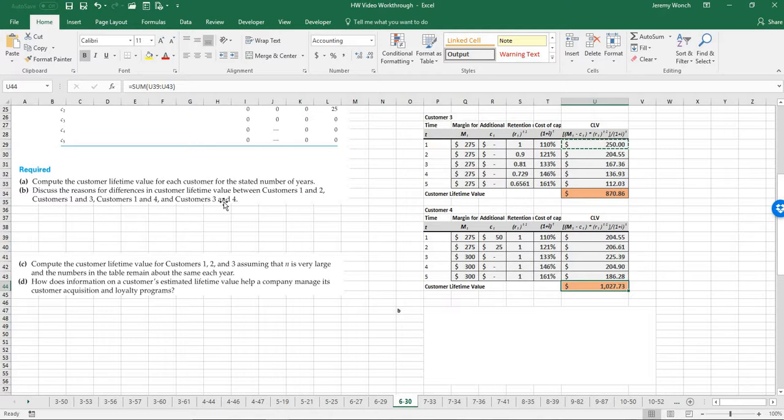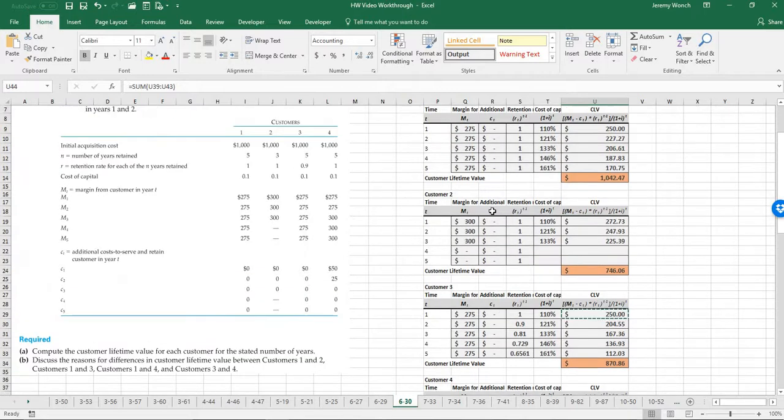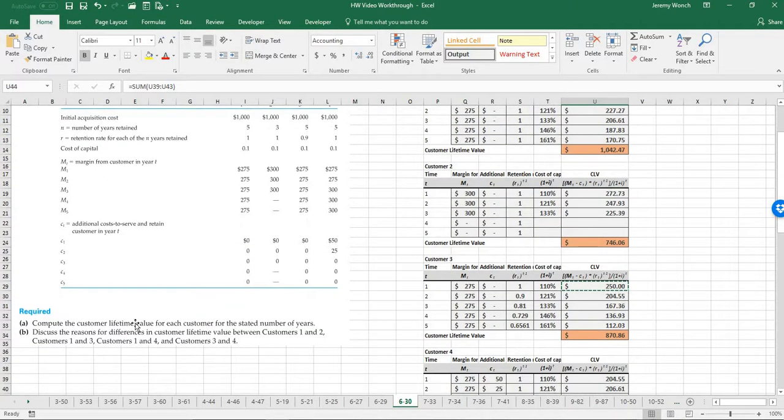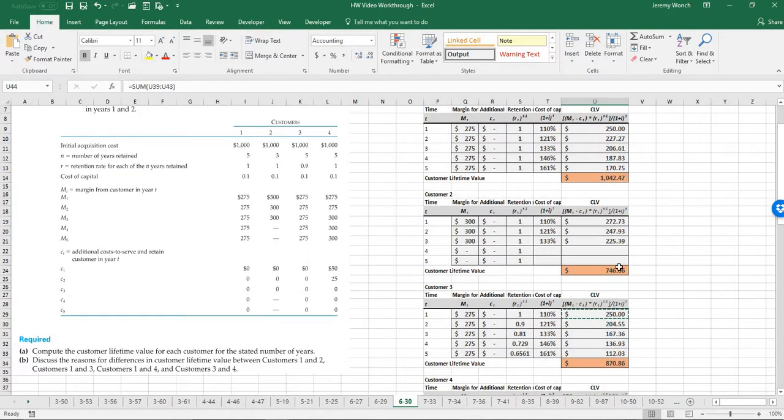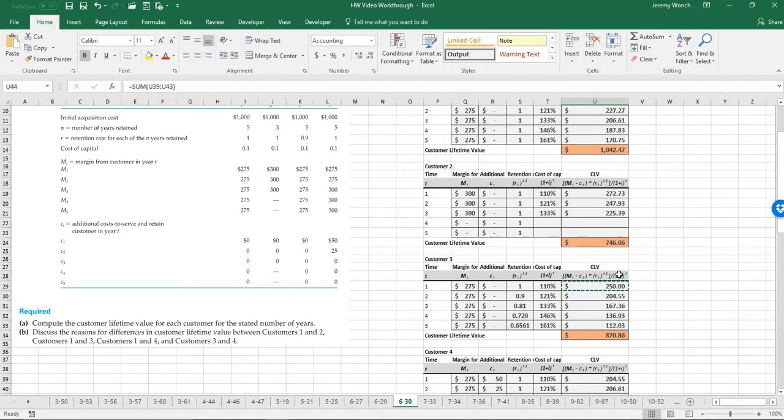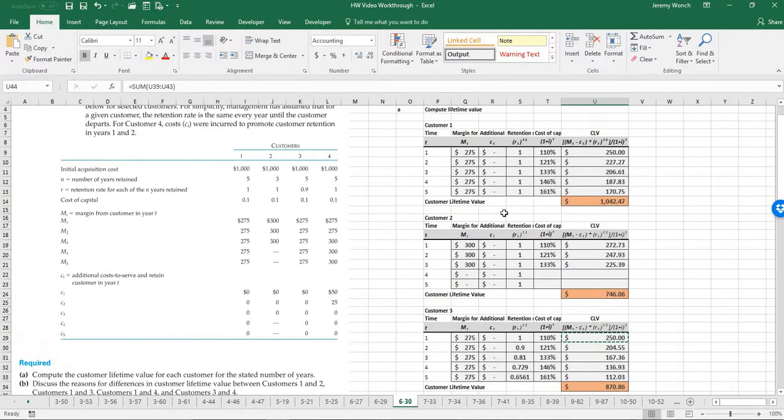Okay, so it wants us to discuss the differences between all the different customers. Comparing customer 1 to customer 2, customer 1 has a value of over 1,000 and customer 2 has only 700. Just to note, this formula is all before we subtract out the acquisition cost to get this customer in the first place.